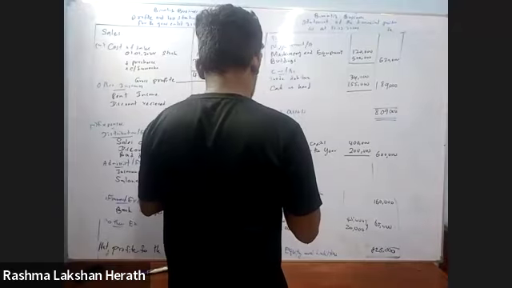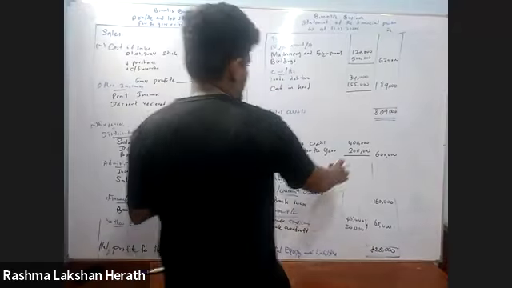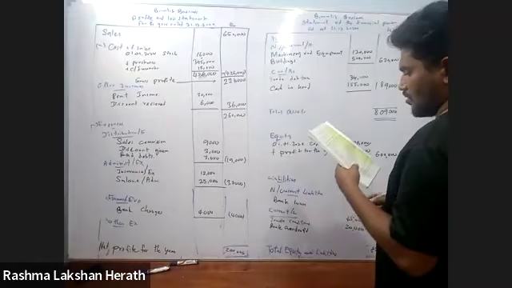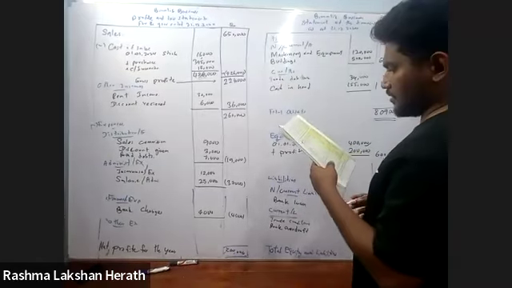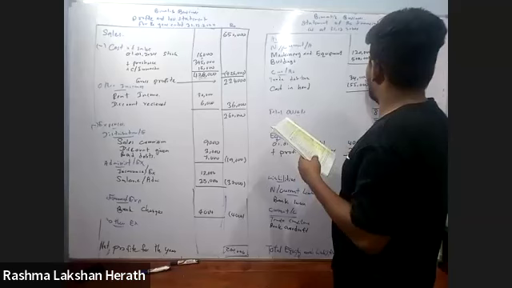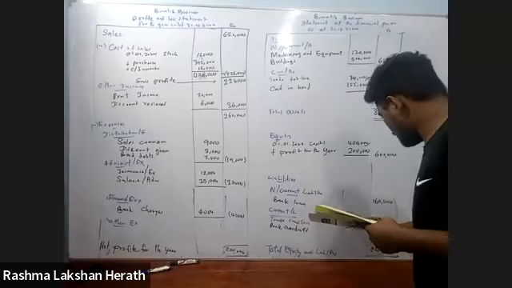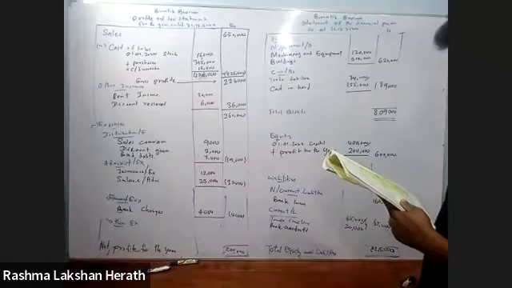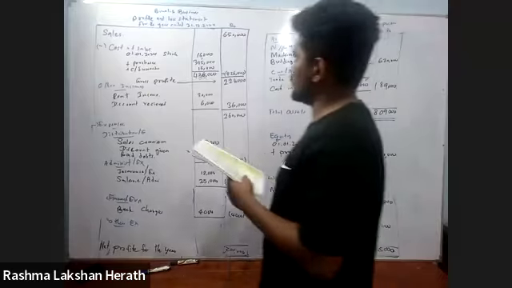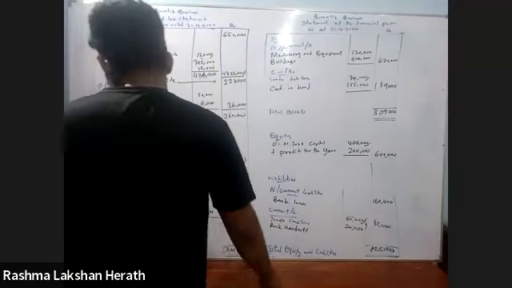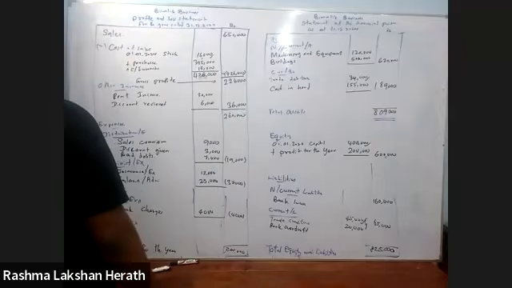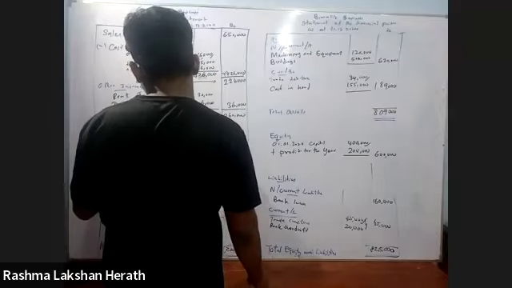First, capital 400,000. Trade debtors 34,000. Trade creditors 45,000. And stock, asset first. Okay, it's okay. And purchases 395,000.